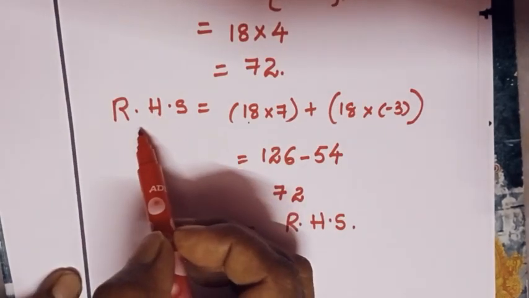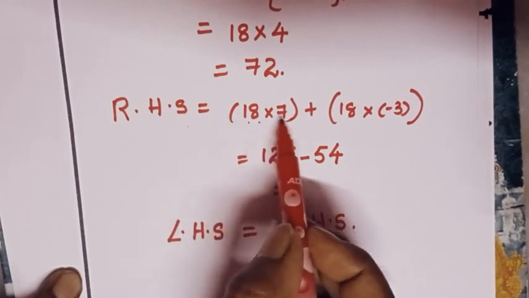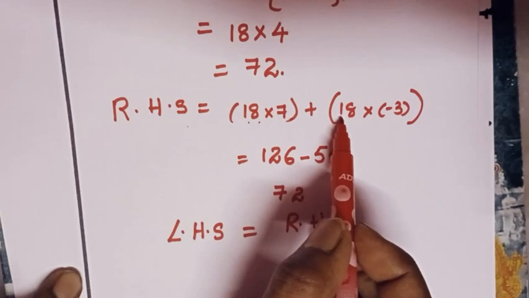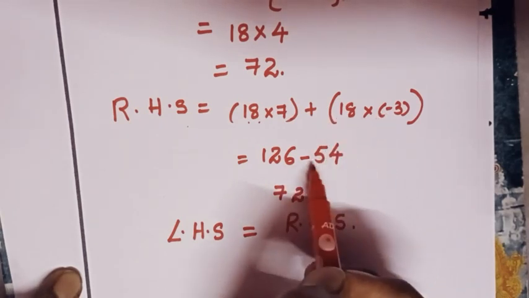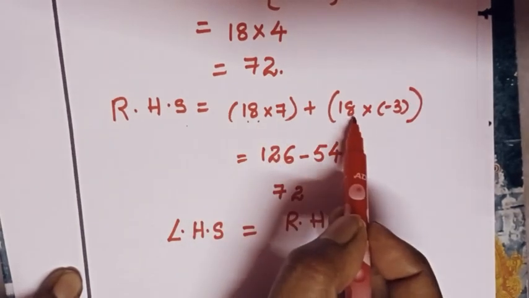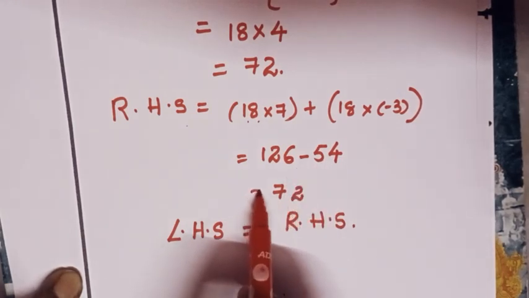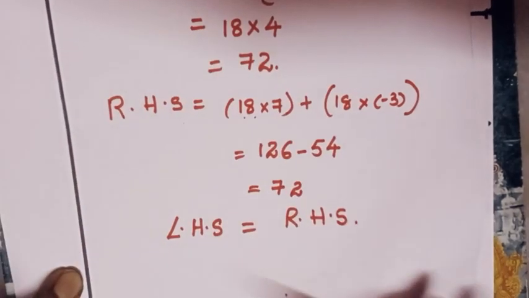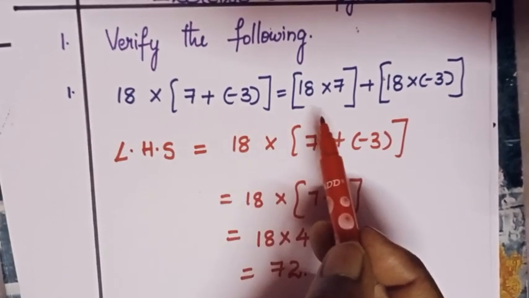Now let's go to the right hand side, RHS: 18 into 7 plus 18 into minus 3. Children, here positive into negative, plus into minus, that is minus. So 18 sevens 126, 18 threes 54. Let us subtract. So we get 72. So LHS equals RHS. We verified that both are equal.